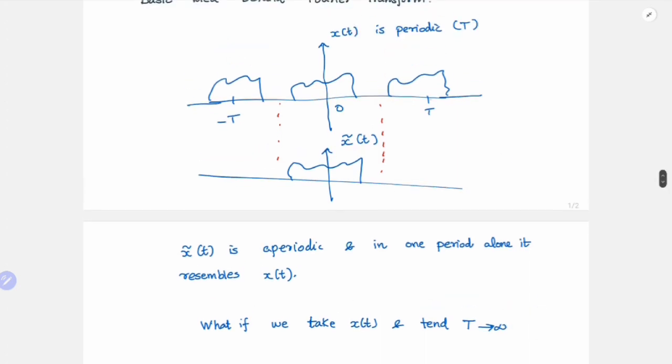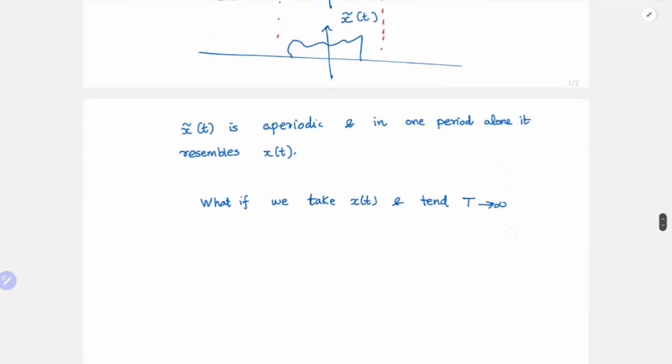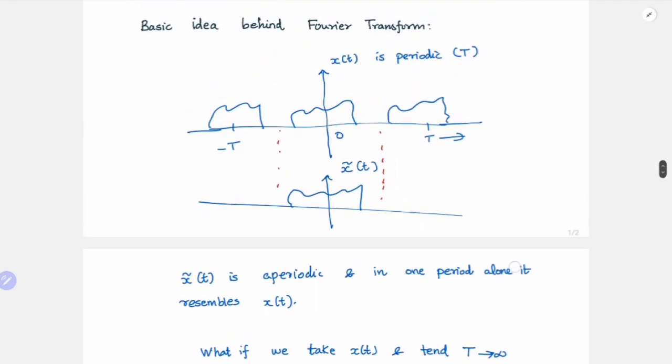What will happen? As T moves away, only this will be present. And if we move T to infinity, then we can say x of t and x tilde of t will be equal, right? Can you imagine that? These copies just keep moving away and away from the original copy, and when T tends to infinity, they all will disappear. Only this one copy will be present, and that is x tilde of t.